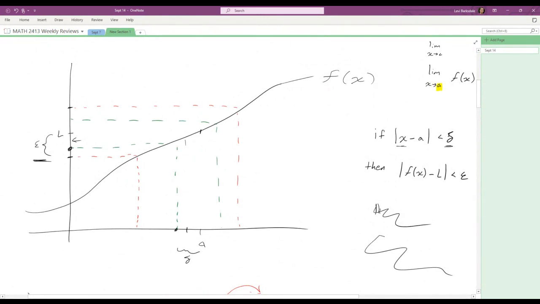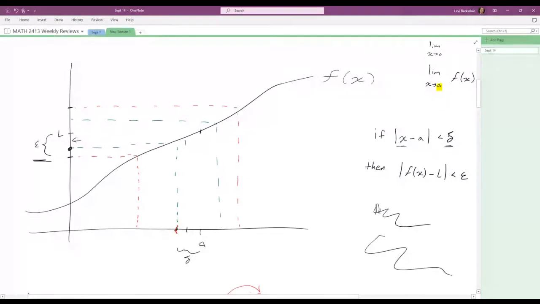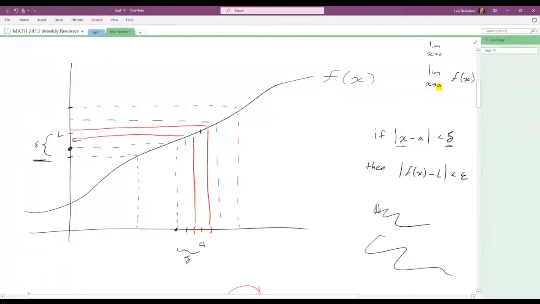All we have to do is pick a delta that'll fall within our epsilon range. So let's say we pick this delta range right here. Oh, that's not the right range. Our 8 point is right here, so our range would be about right here to right here. Well, then that'll trace all the way up to an itty bitty epsilon range up here.